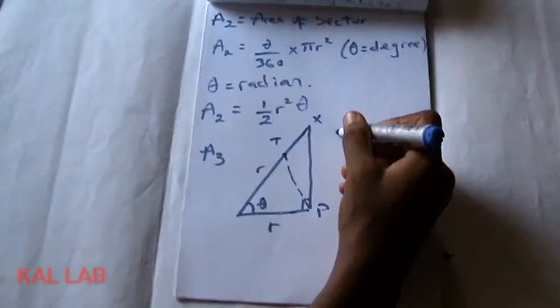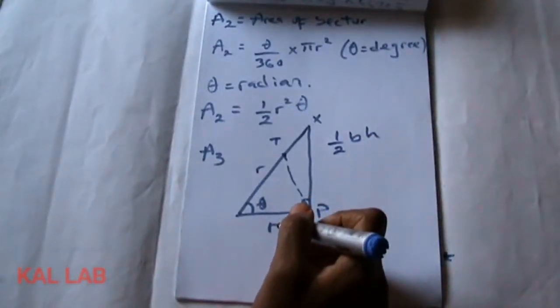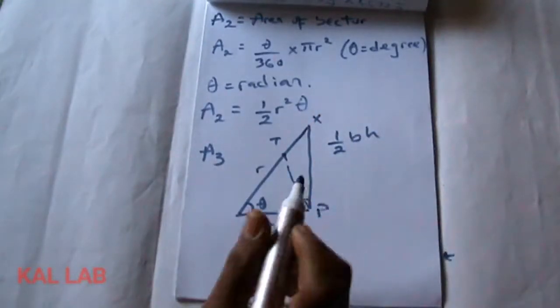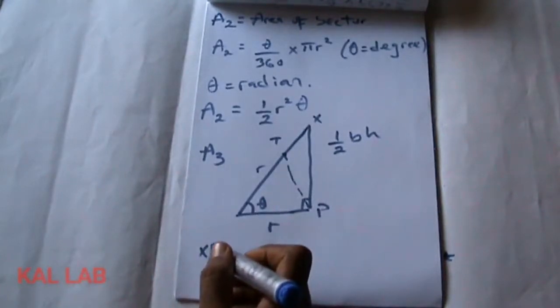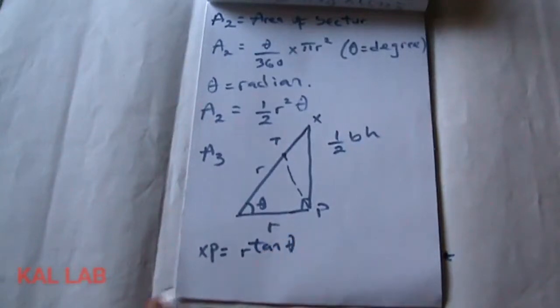The area of a triangle is 1 over 2 base times height. Our base is r. Height is xp. And we know that xp is equal to r tan theta.